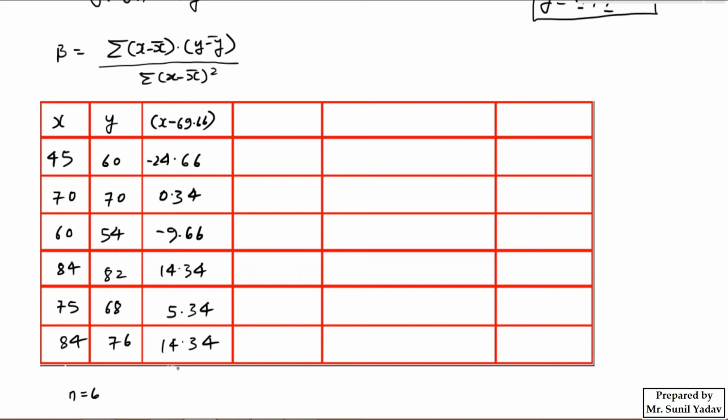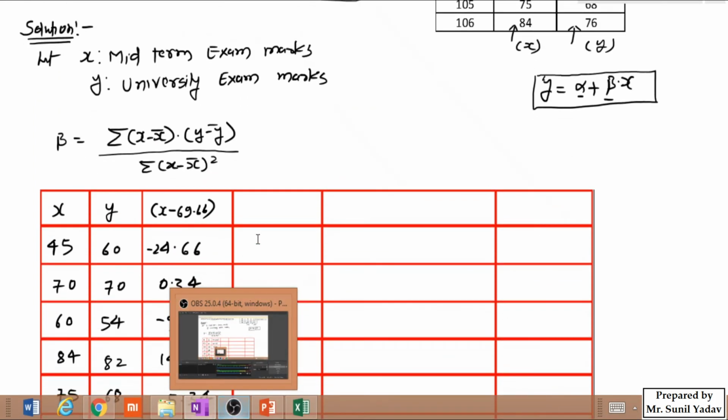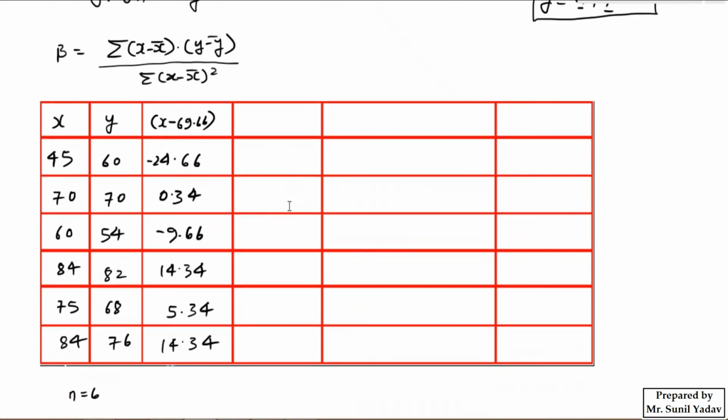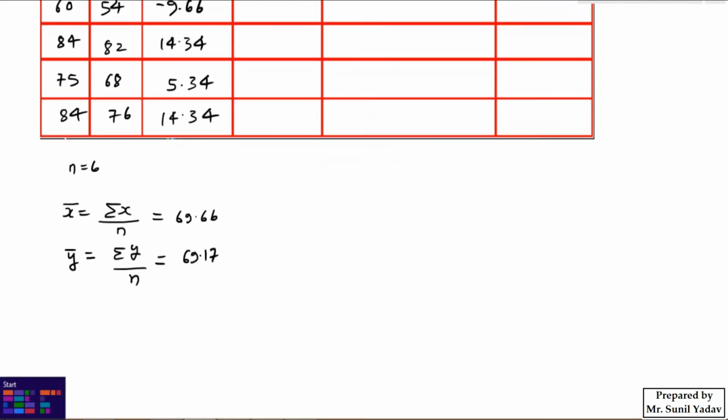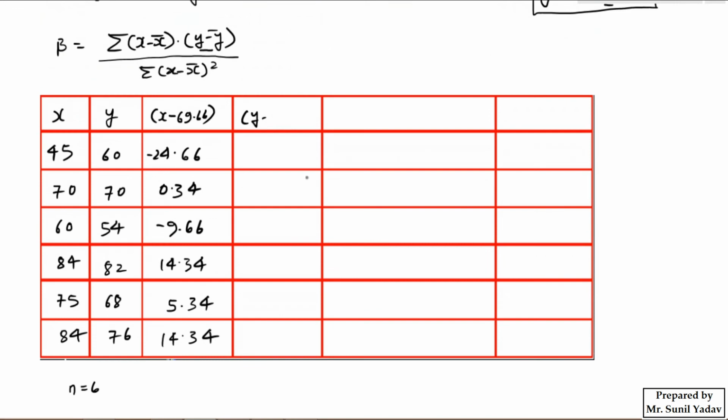So now x minus x bar has been calculated. In a similar way we're going to calculate this parameter. This is y minus y bar. So here we'll solve y minus, and y bar is already calculated, 69.17. So we'll write 69.17 over here.